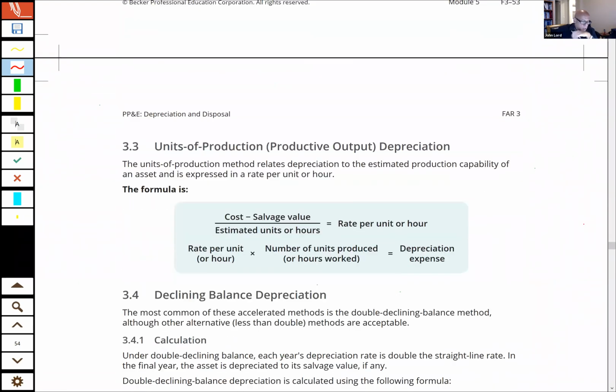Now, you could also use units of production. Units of production is probably the most accurate way to calculate depreciation. Meanwhile, most companies don't use it. You're still going to have cost minus salvage value, the same as straight line. But instead of dividing it by the years, you divide it by the estimated number of hours you'll use this machine or the number of units it will produce.